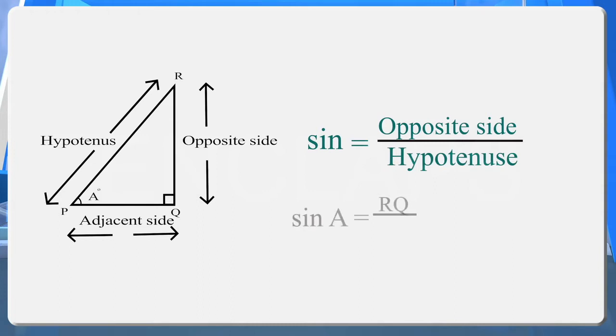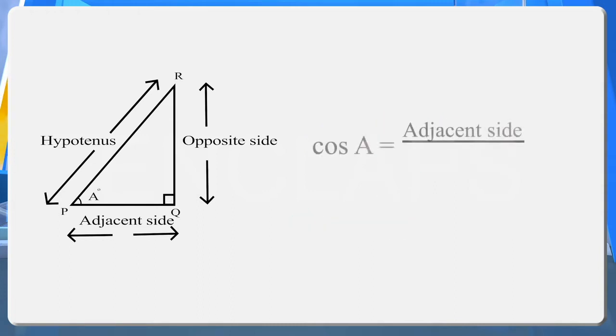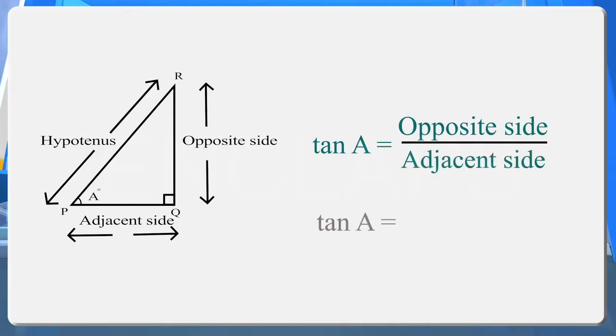Here, sin A is equal to RQ divided by PR. And cos of an angle is the adjacent side of the angle divided by the hypotenuse. Here cos A is equal to PQ divided by PR. And tan of an angle is the opposite side of the angle divided by the adjacent side. Here tan A is equal to RQ divided by PQ.